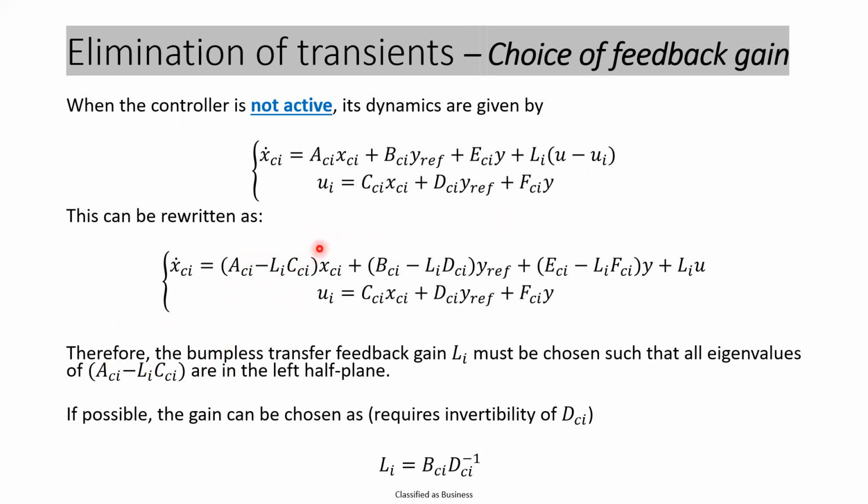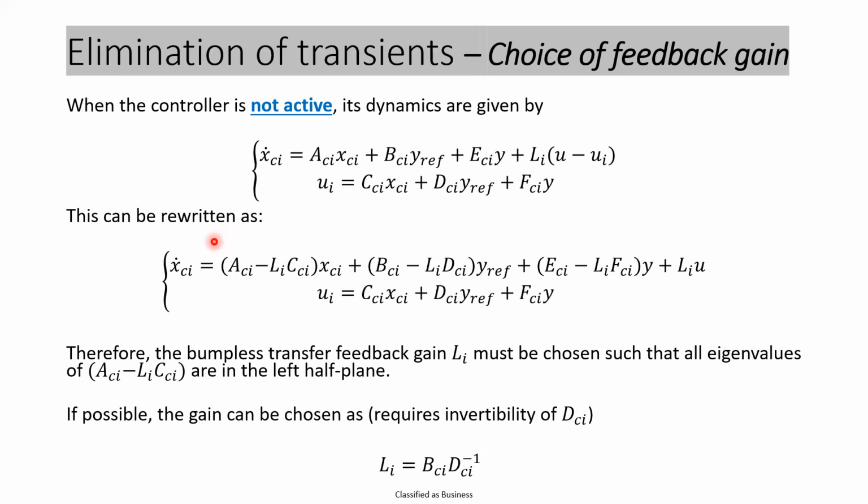Because you want to stabilize it, the pair A and C should be detectable. I talked about detectability a couple of weeks ago. I said that we have observability and also detectability.